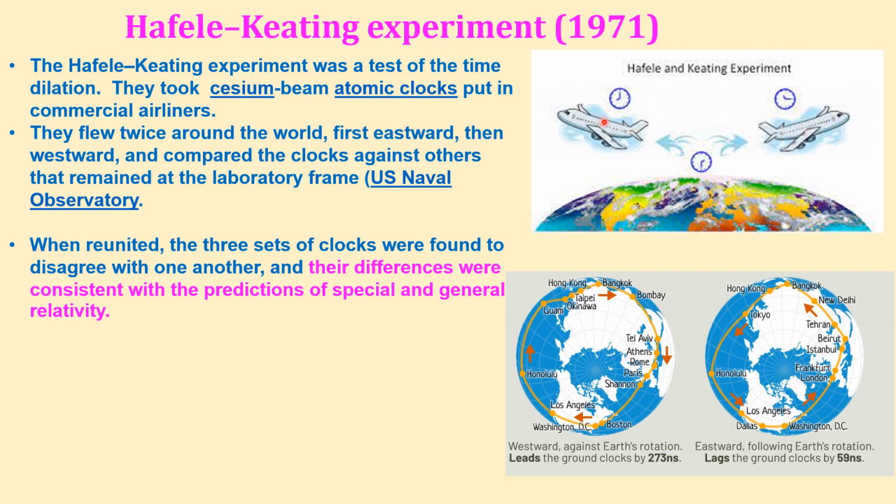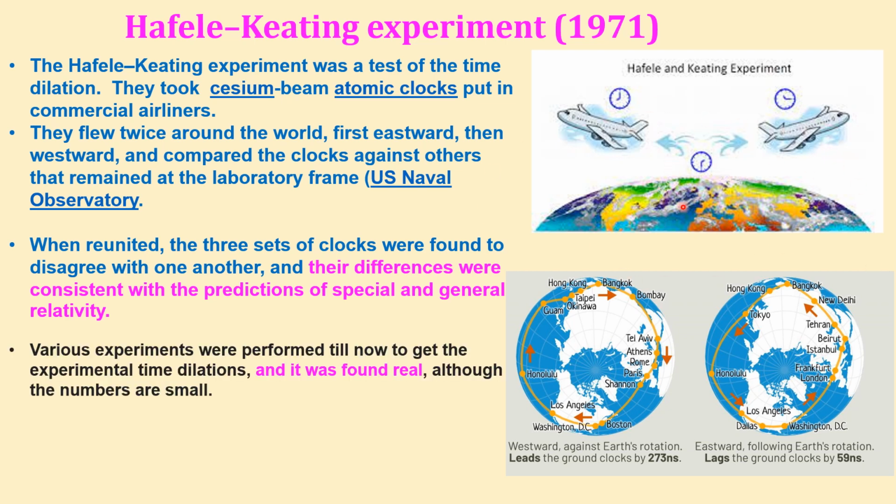After the whole journey, they compared the three clocks, and they found the time lag they had calculated from the theoretical formula in the real clocks also. So they verified the time dilation formula.